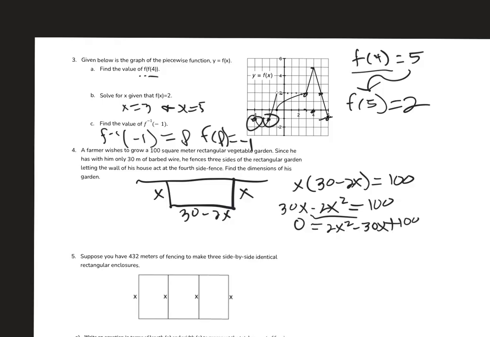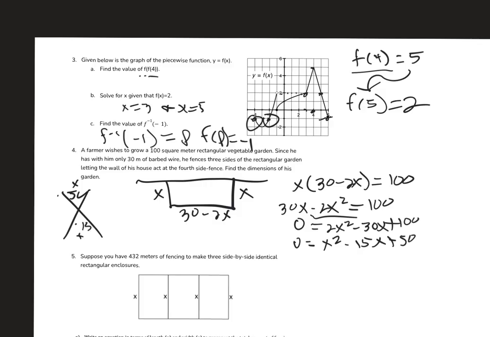I can divide everything through by 2, because I can divide the left side by 2 and I can divide the right side by 2, to get 0 is equal to x squared minus 15x plus 50. So now to factor this, I'm going to use sums and products. I need two numbers that multiply to 50 and add up to -15.